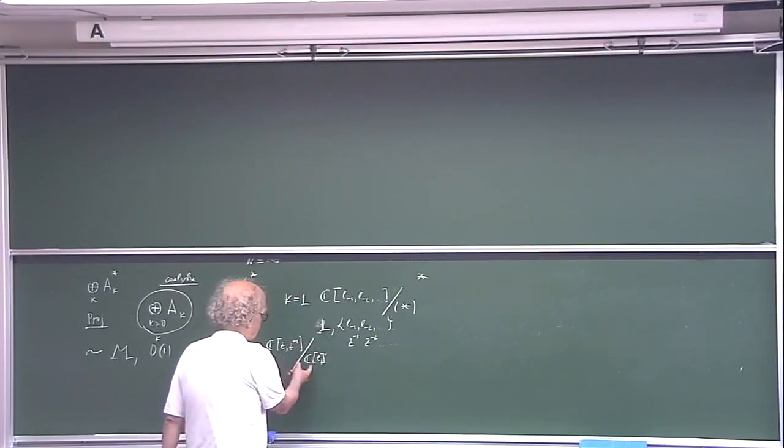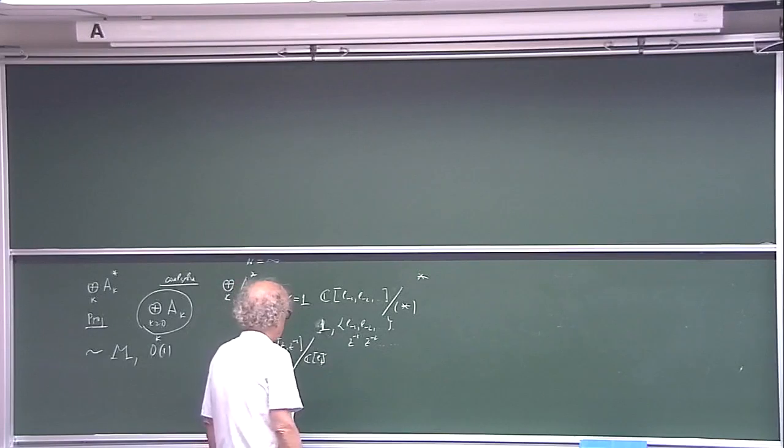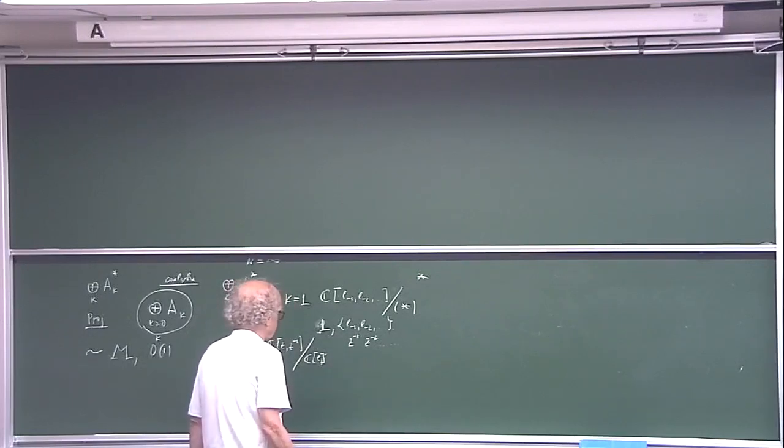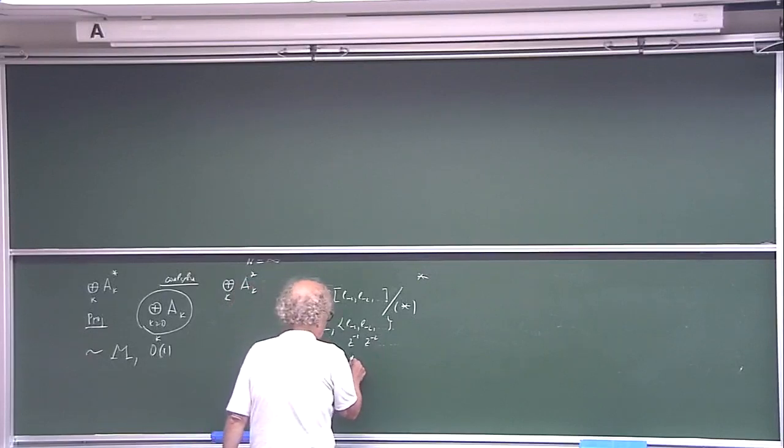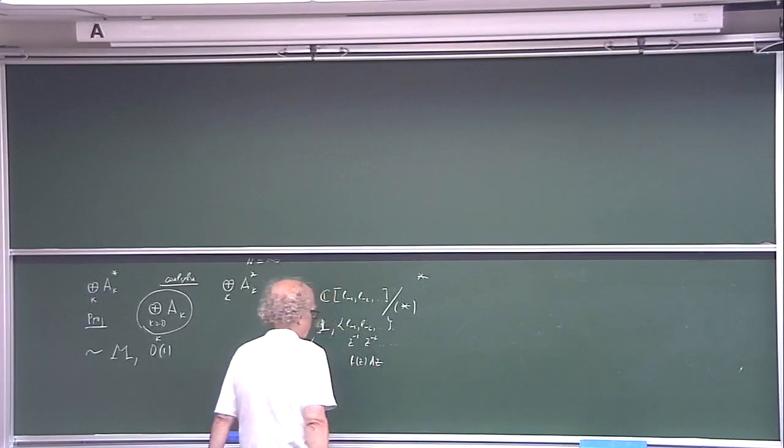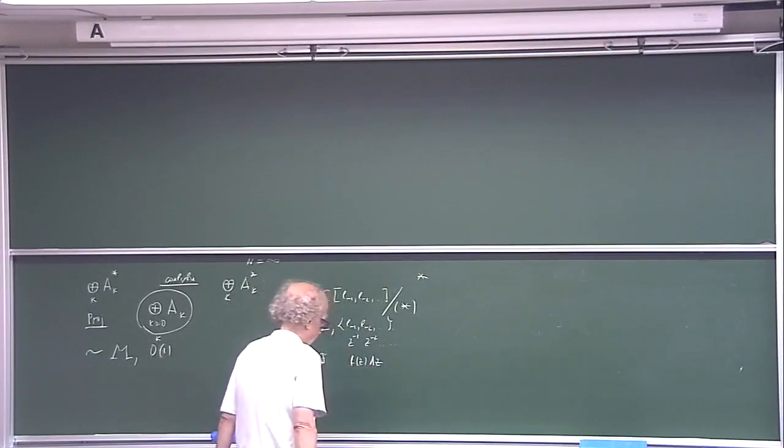If you write it down this way, then it is more or less clear what the dual space is. The dual space to this is one forms, dz, which are just regular.